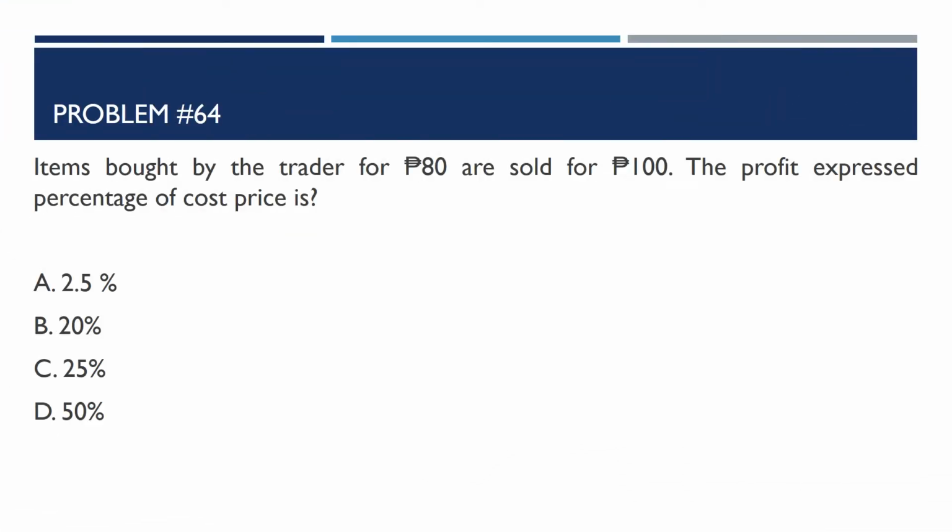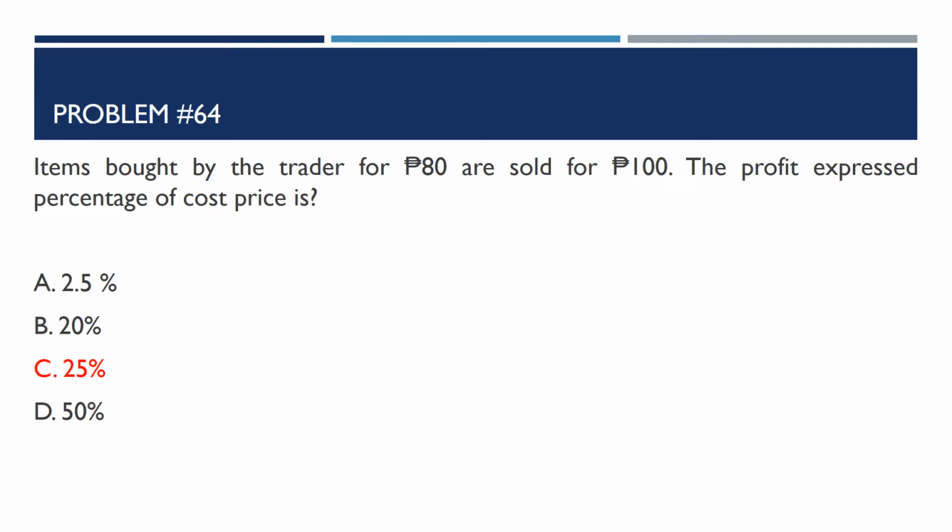Number 64. Items bought by the trader for 80 pesos are sold for 100 pesos. The profit expressed as a percentage of cost price is... The answer for this problem is 25%. Let me show you how to do it.